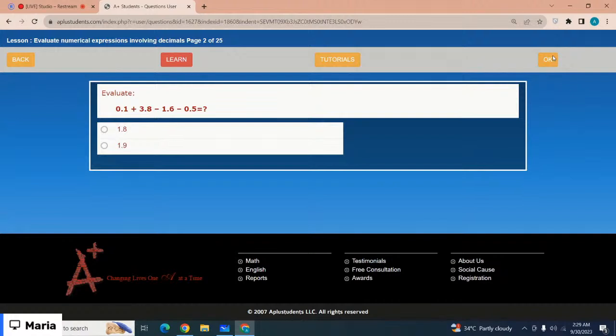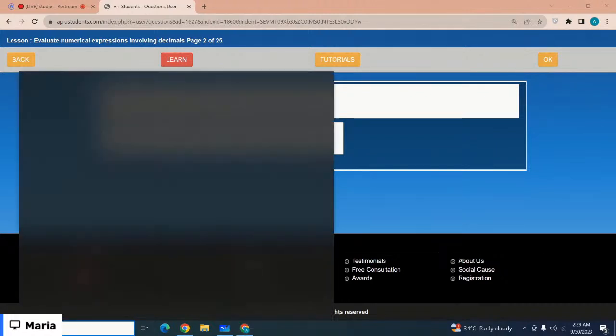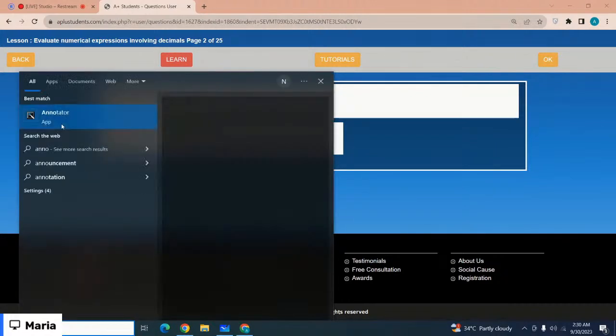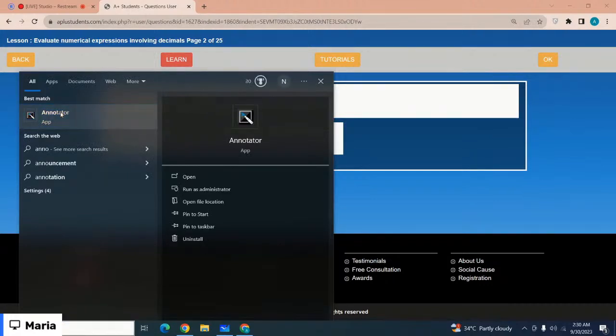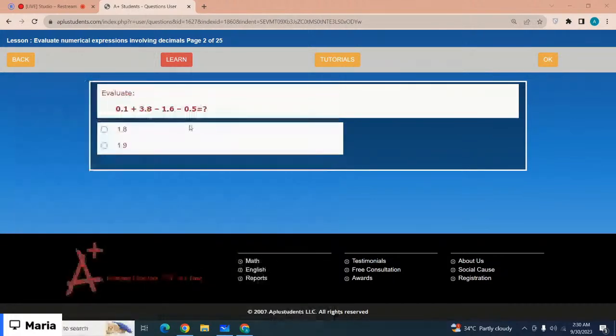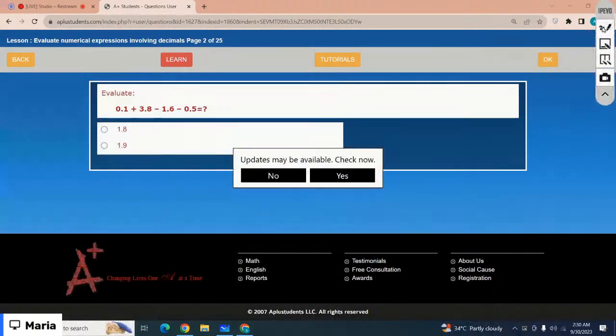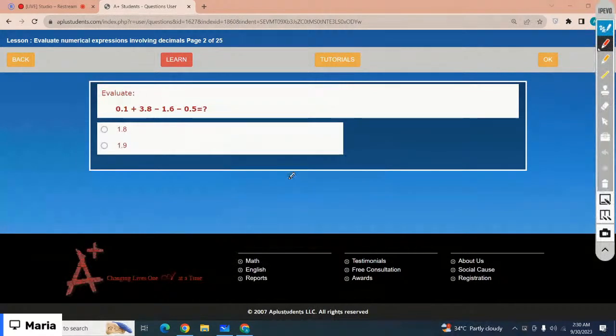Okay, the next one is 0.1 plus 3.8 minus 1.6 minus 0.5. So you have addition and subtractions, right? You have to go from left to right.